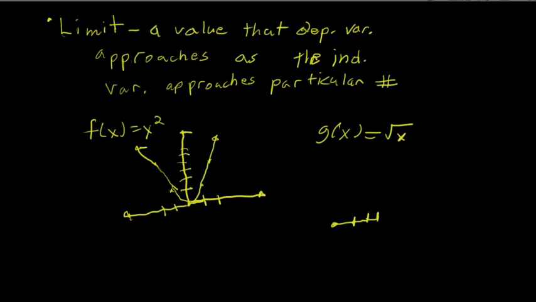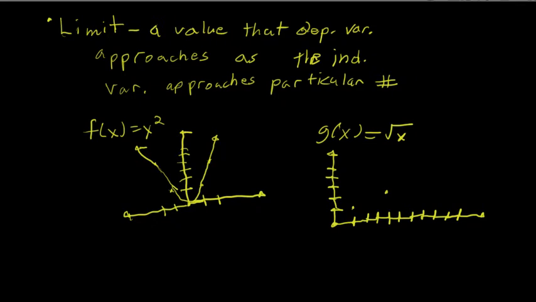So we know 1's on the graph because the square root of 1 is 1. 0 is on the graph because the square root of 0 is 0. 4, 2's on the graph because the square root of 4 is 2.